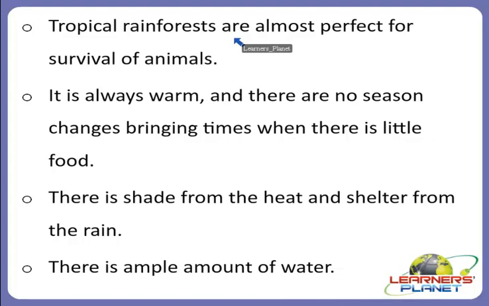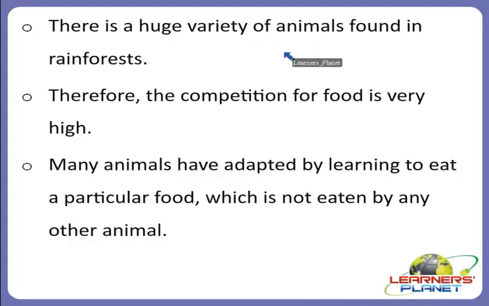There is no scarcity of food, there is shade from the heat and shelter from the rain, and there is ample water available to animals. Since there is a huge variety of animals in rainforests, the competition for food is very high. So many animals have adapted themselves by learning to eat a particular food which is not even eaten by any other animal.